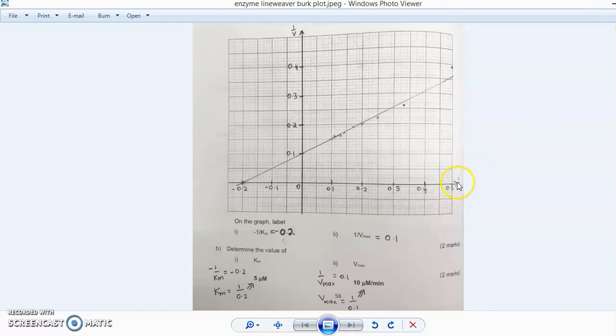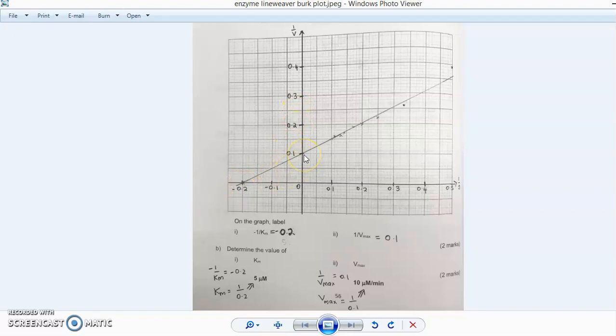Okay, so I'll show you here. So you can plot, you make a line, whereby the y-axis is for 1 over V, the x-axis is 1 over S, and then you put in the value that you get when you reciprocal the value from S to 1 over S and V to 1 over V. So make a straight line as shown here, and have a look here, lines that intercept the y-axis and the x-axis.